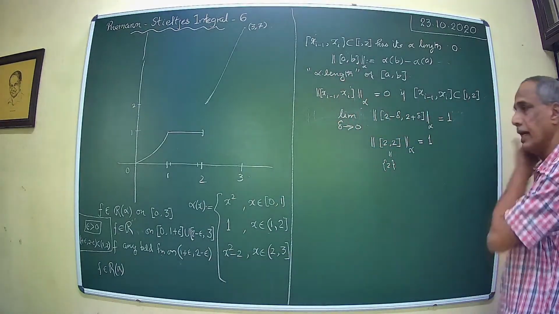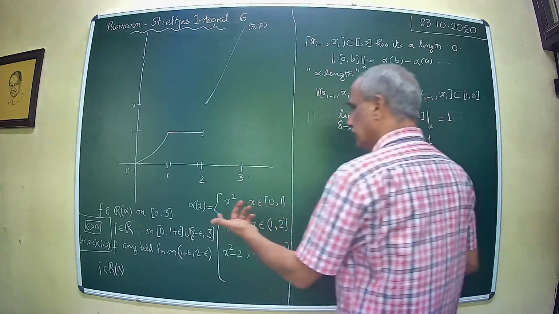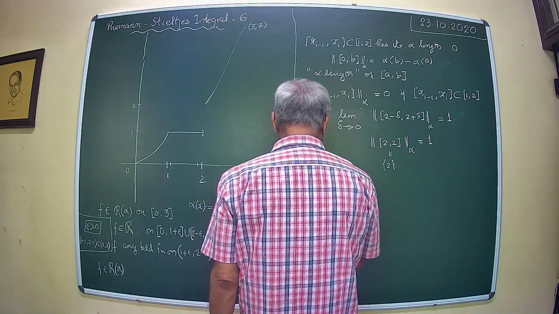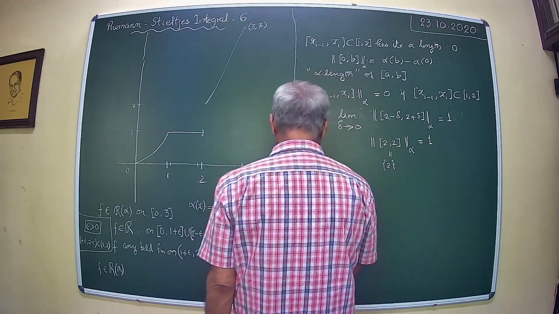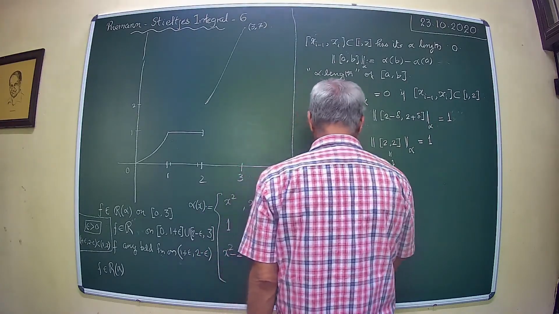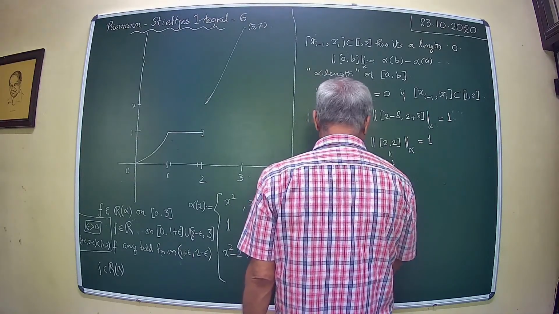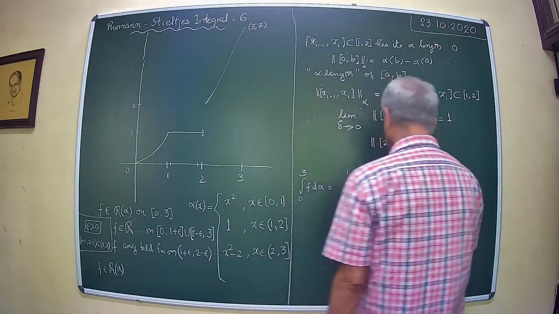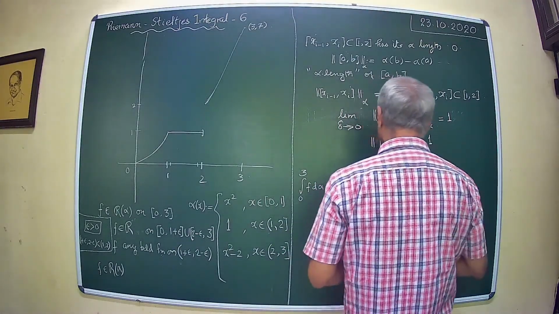So the integral from 0 to 3 turns out to be the integral from 0 to 1 of f d alpha plus the integral from 1 to 2 will be 0.